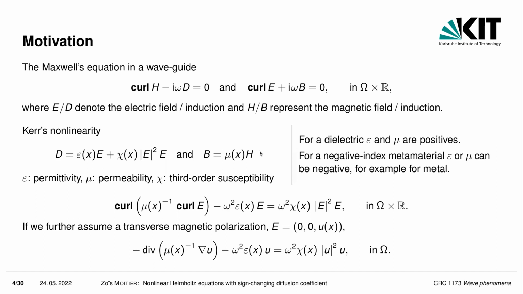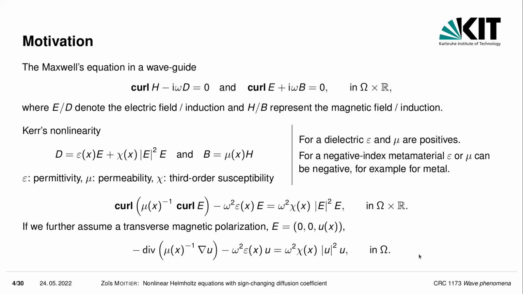If we add these two into the Maxwell equation, we get this equation. And if we further assume a transverse magnetic polarization, for example, we get just a Helmholtz equation of this form.